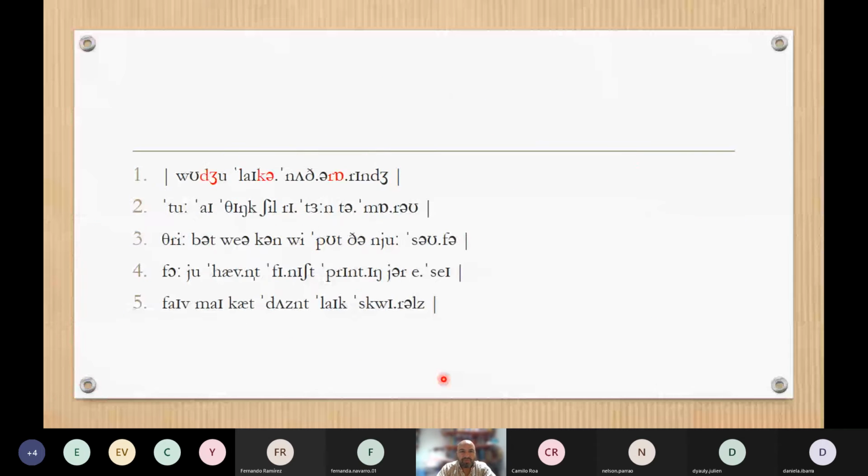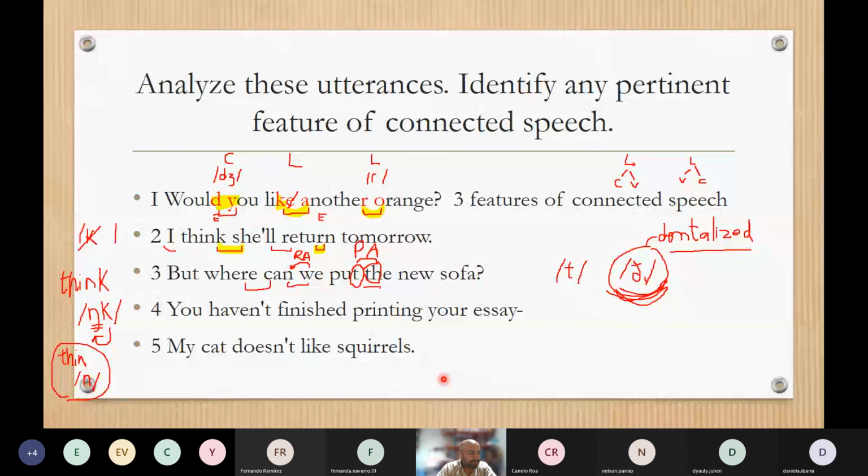And if you say that there's linking, it needs to sound like that, like a, or another orange, right? Another orange, because if you read it like would you like another orange, the features of connected speech are not evident.